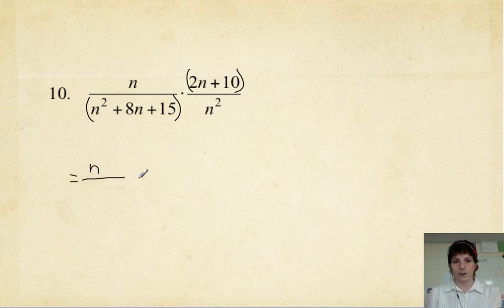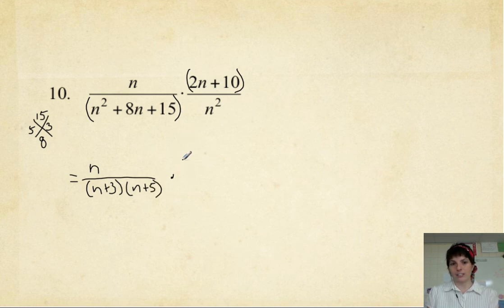So n over a pair of numbers that multiply to 15 but add to 8. So multiply to 15 and add to 8 should be 5 and 3. So that we end up with n plus 5. Oops, I wrote them backwards. N plus 3 times n plus 5 in the denominator.